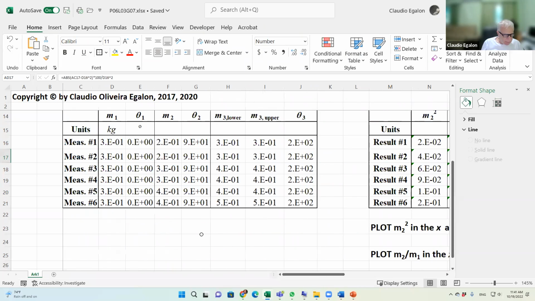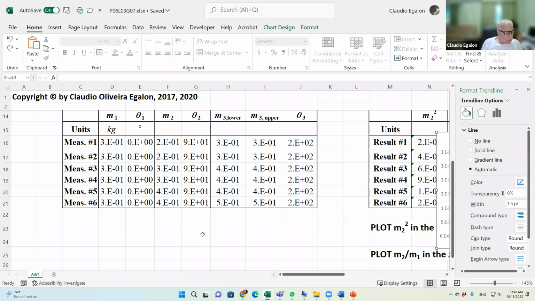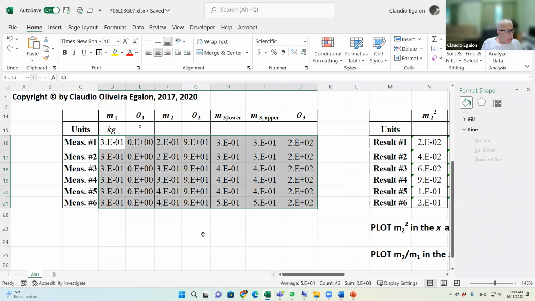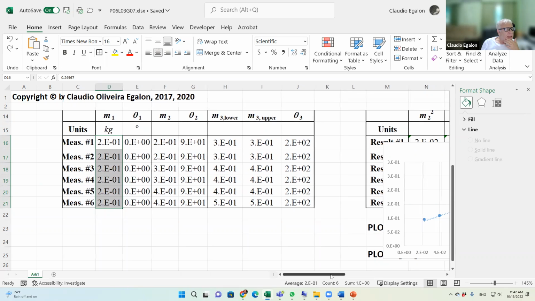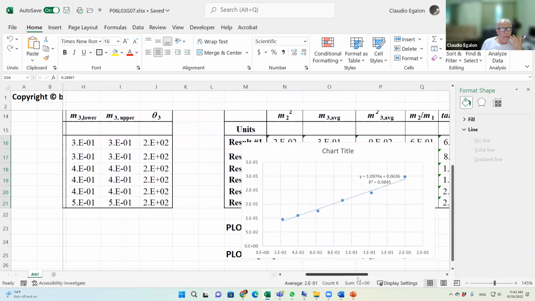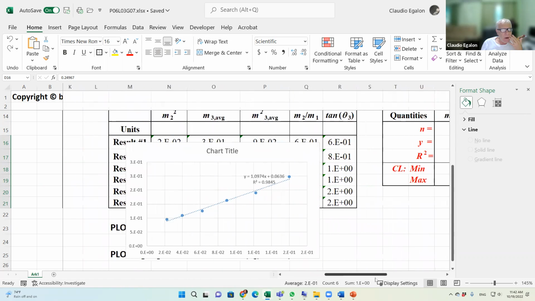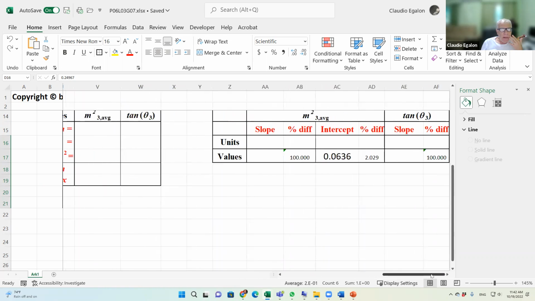Well, you know what? It seems that this group of students did the right thing. It looks like they did the right thing. They went ahead and used 250 grams from the very beginning, and they didn't make any mistakes.